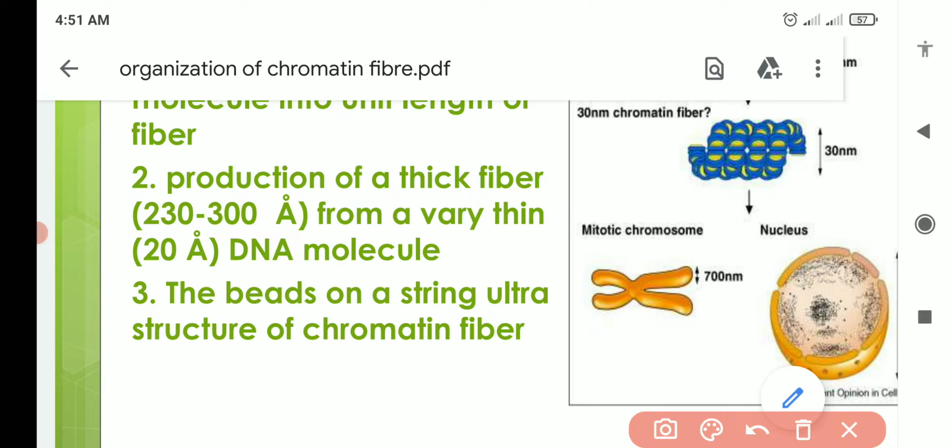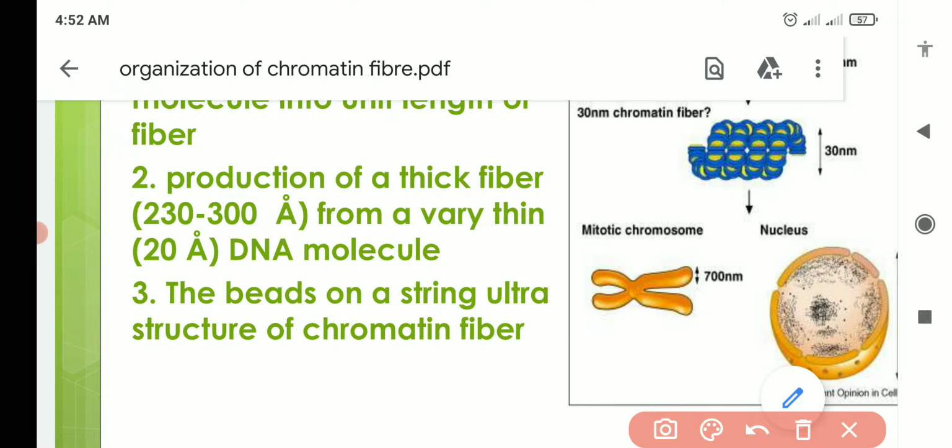So basically these are the steps through which this chromatin fiber is formed from the DNA molecule and the histone proteins, and ultimately it forms the structure of the chromosome, or the chromatids, the arms of the chromosomes.